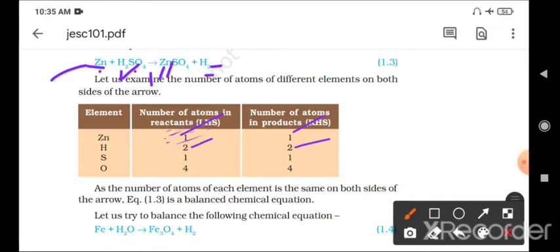Sulfur is 1 on the reactant side and 1 on the product side, and oxygen is 4 and 4. This is called the balanced chemical equation. So Zn is 1, here also Zn 1, H2 and H2, S1 a single S, and again O4.